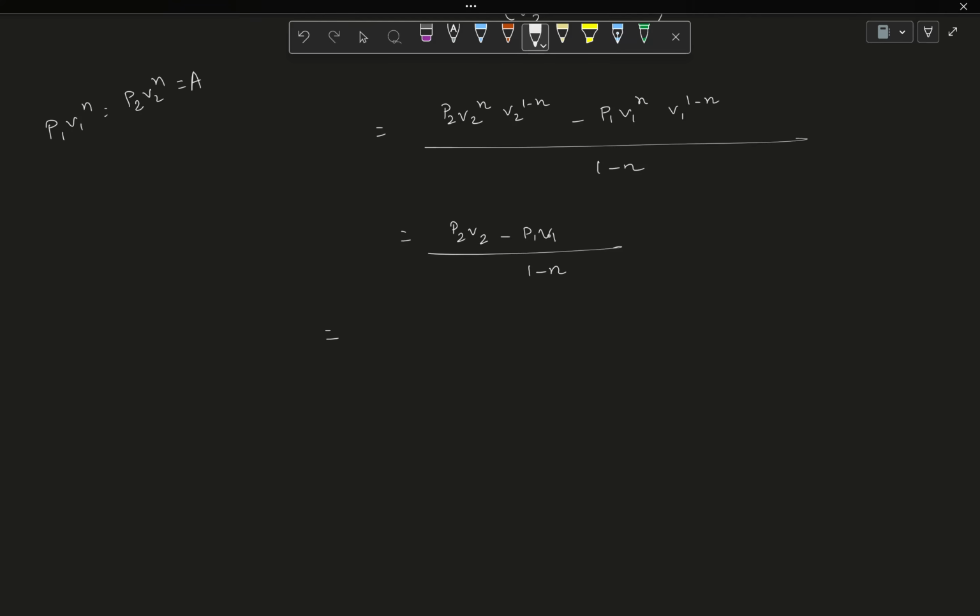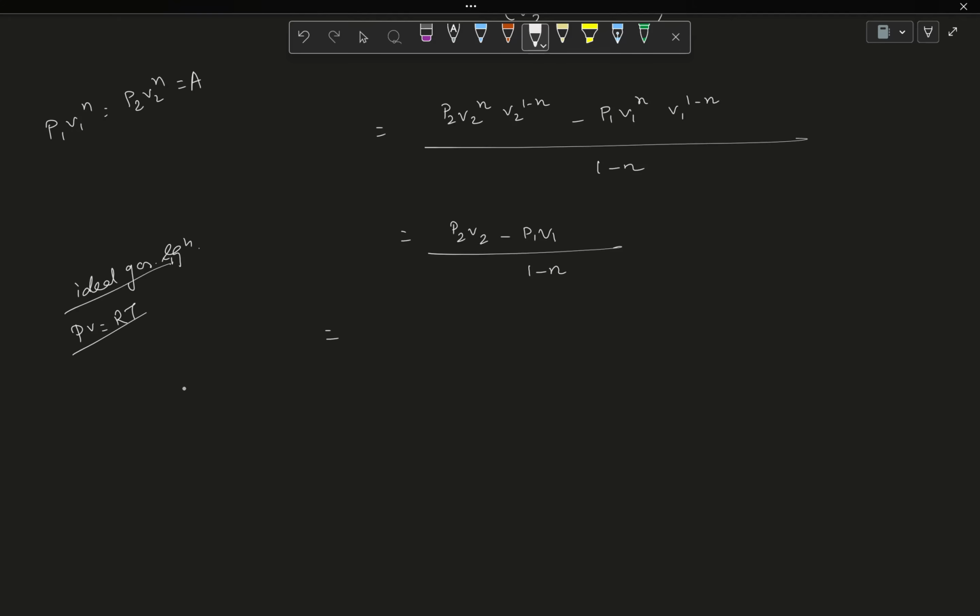Now we have to convert this into temperature terms, because temperature is something we know the value of in this problem. Because this is an ideal gas, and this is for 1 mole, the ideal gas equation PV equal to RT must be followed. So your P2 V2 will be RT2 and P1 V1 will be RT1, divided by 1 minus n. So this is just R(T2 minus T1) by (1 minus n).